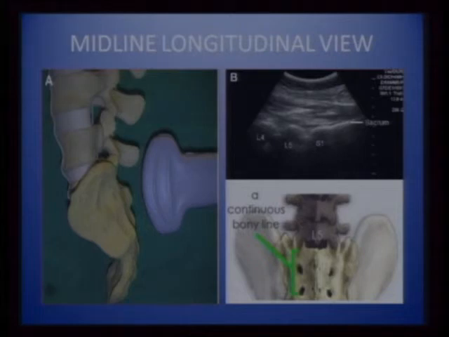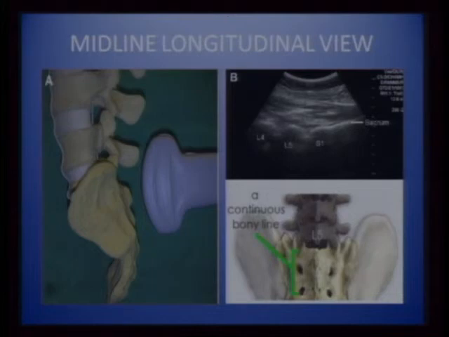So this is the spine over there, the sacrum, L5, L4. These are the intervertebral discs. And this is the curved low-frequency transducer that is applied in the midline over the sacrum and the L5 spinous process. So as you see here, the continuous line of bone, which is this, is the sacrum.